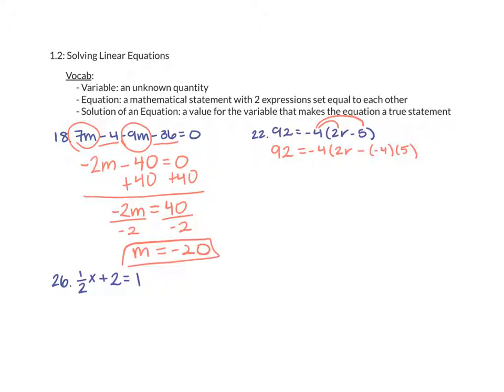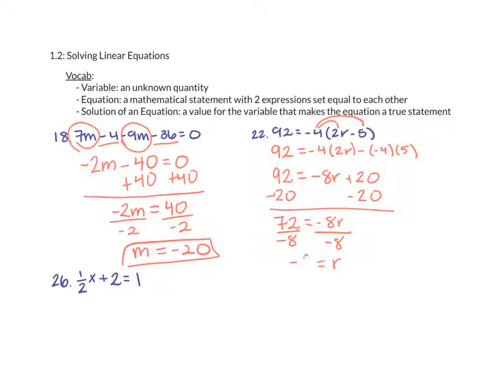From here, I'm going to simplify. Now I get 92 equals negative 8r plus 20. I want to get the negative 8r by itself, so I'm going to subtract 20 from each side, and I get 72 is equal to negative 8r. To solve for r, I'm going to divide both sides by negative 8. So r will be equal to negative 9.